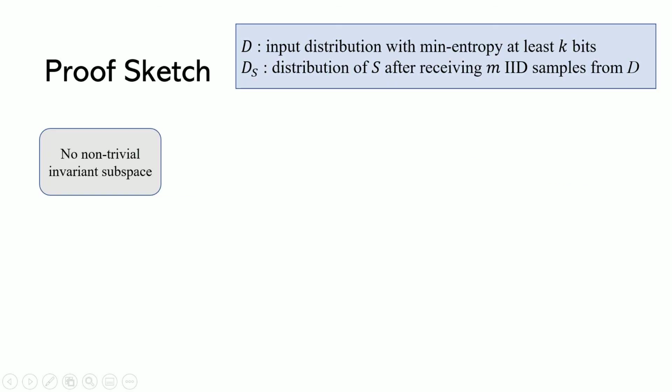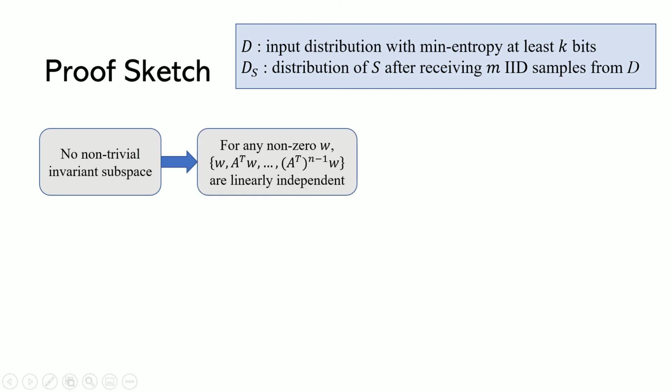In order to prove the extractor result, we first notice that if A has no non-trivial invariant subspace, then A transpose also has no non-trivial invariant subspace. Therefore, for any non-zero vector W, the set of n vectors generated by A transpose and W must be linearly independent.